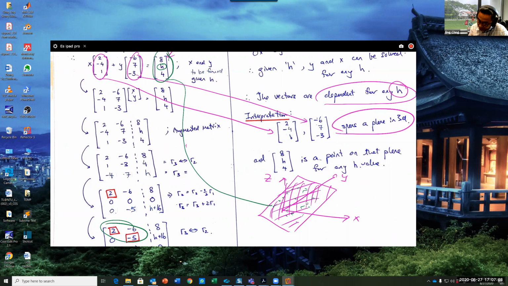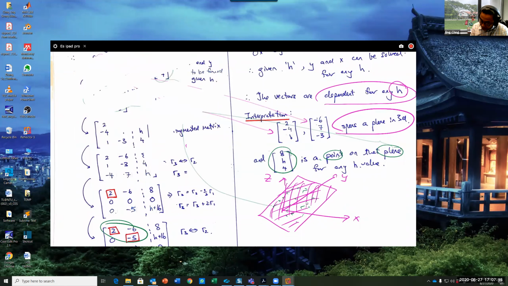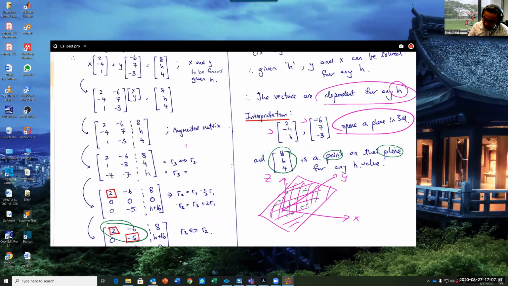Okay, so this is the answer. 8, H, and 4 is a point on the plane spanned by the two columns given to us. So that's the interpretation. With this picture at the bottom here, then you understand the span of the two columns.